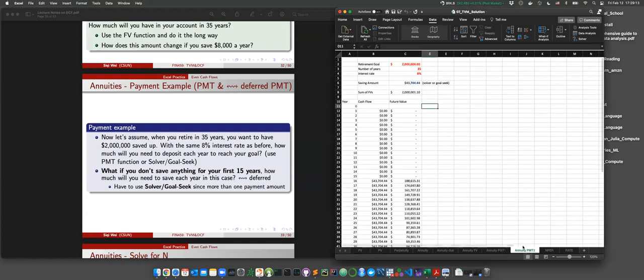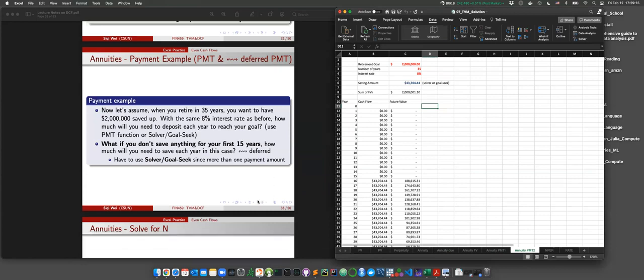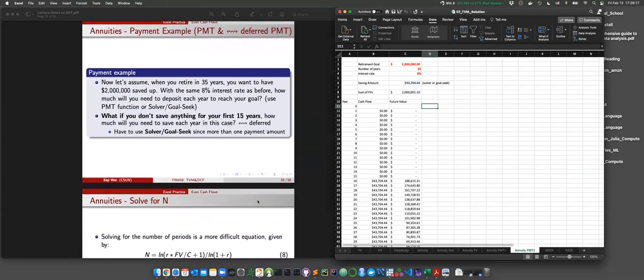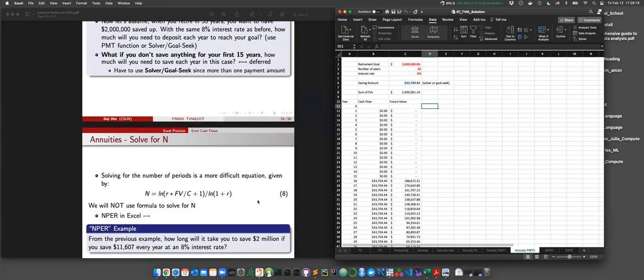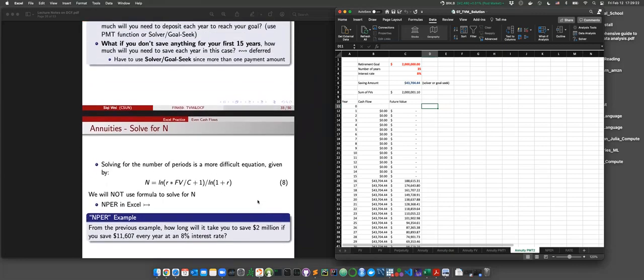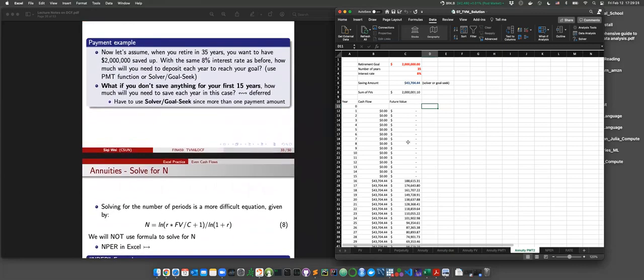All right, so let's take a look at another, more complex example. Suppose there is a deferred time frame. Basically, if you do not save anything for the first 14 years, how can you evaluate the level of your saving amount?